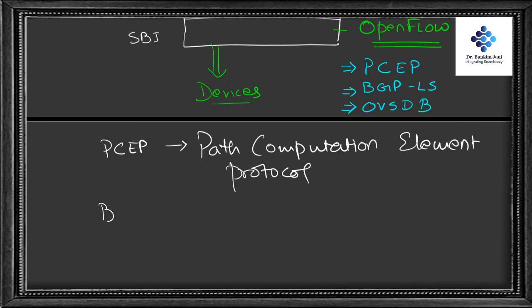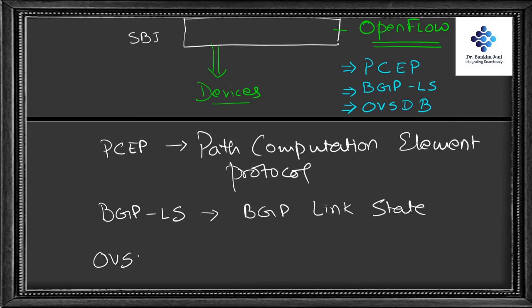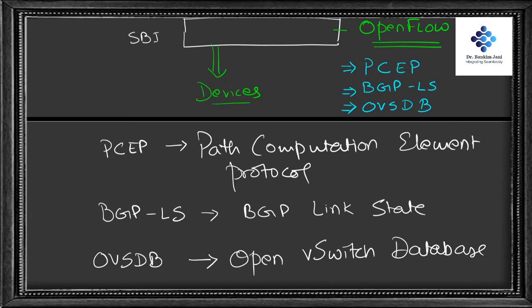BGP is Border Gateway Protocol, and LS stands for link state, right? It is Border Gateway Protocol Link State. Then OVSDB, this is Open vSwitch, the virtual switch, Database Management Protocol.